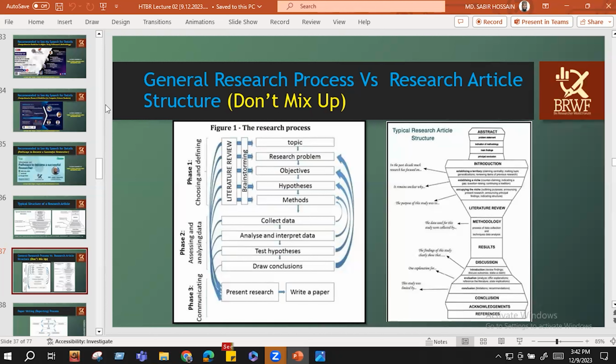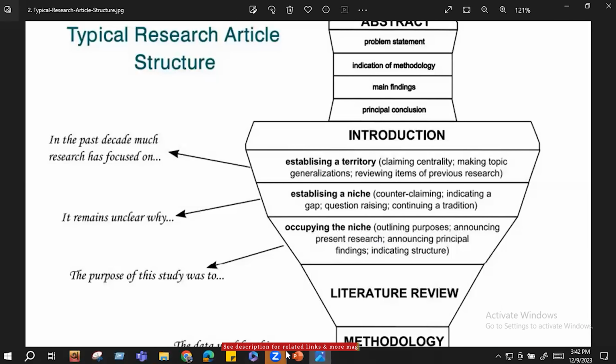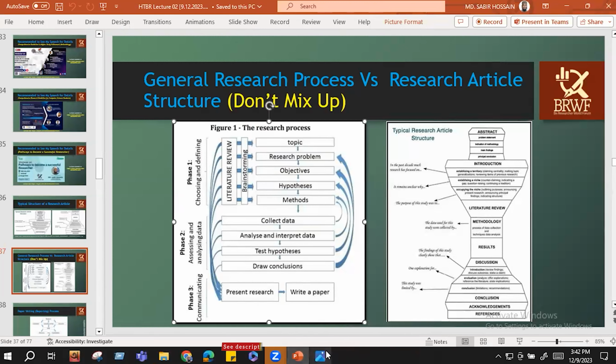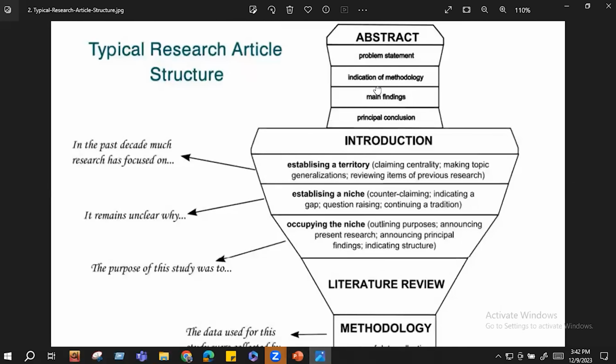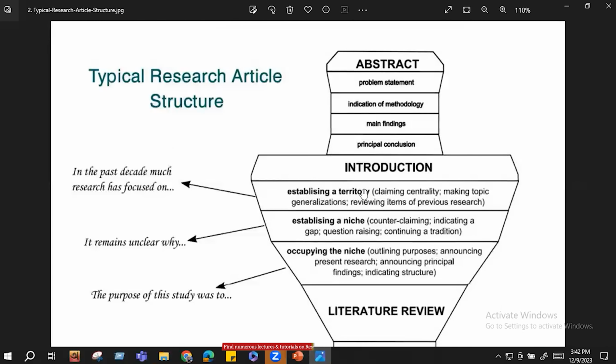Okay, so this figure is in your mind. Am I right? Okay, so let me explain, this is the research process. Don't mix up. Why did I say don't mix up? This is the structure of a research article. See, the structure of a research article generally follows this.